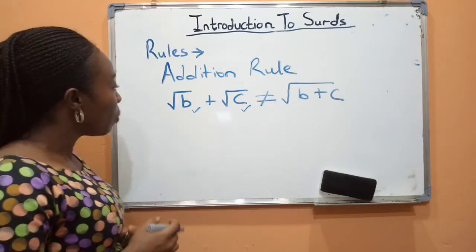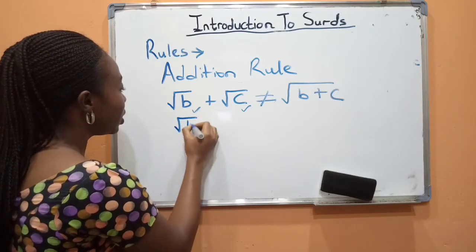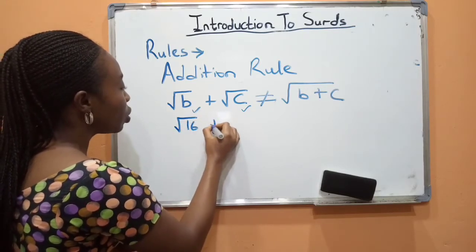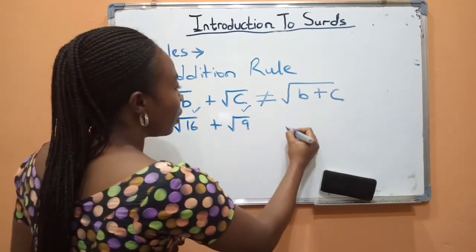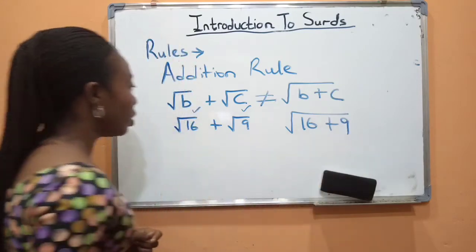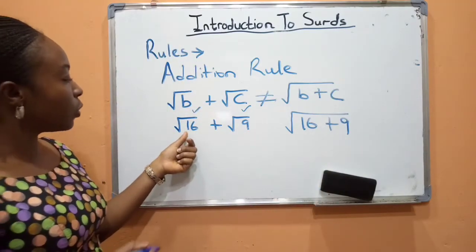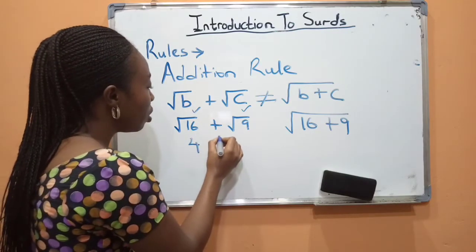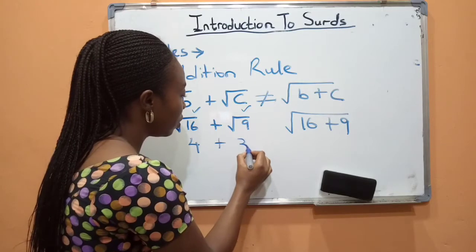Let's impute some numbers so that we can understand. So if we have square root of 16 plus square root of 9, then what do we have here? Okay, so you're going to see that by the time you find the square root of 16, you're going to have 4 plus the square root of 9 gives us 3.